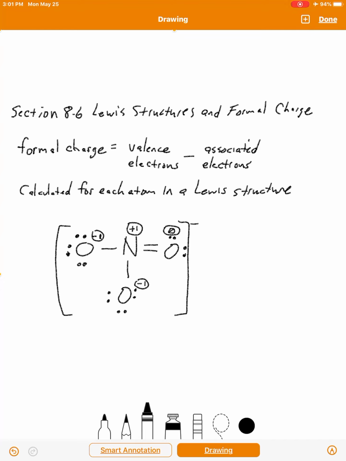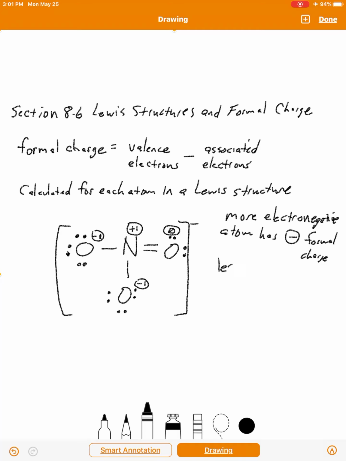But if they're positive or negative, the best Lewis structures arise when the more electronegative atom has the negative formal charge. In fact, I'll put that in a circle, the negative formal charge.